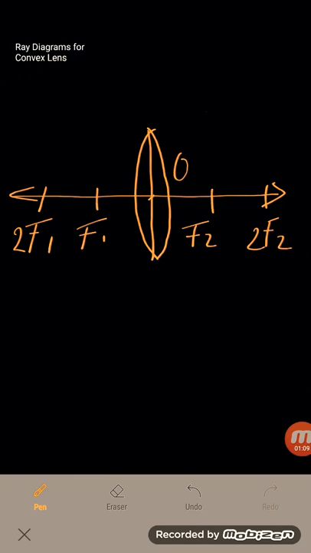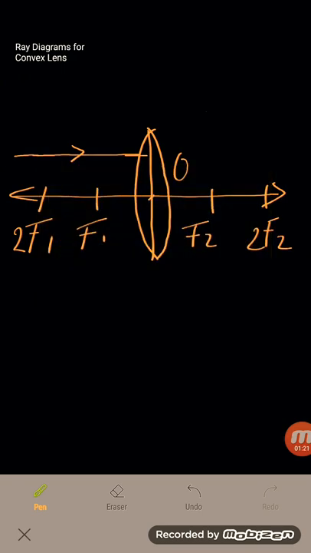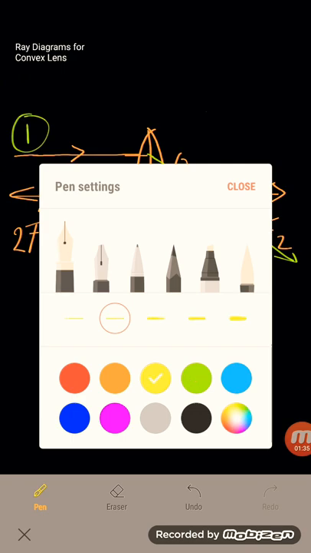So what is rule number 1? Rule number 1 is, if the incident ray is parallel to principal axis, then the refracted ray passes through the focus. This is rule number 1. What is rule number 2? Rule number 2 is inverse of it.